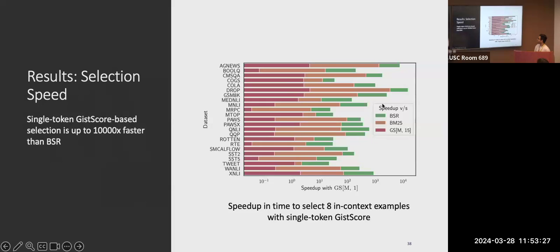BSR is tens of thousands of times slower in some cases. Surprisingly, we even found it to be faster than BM25, because for GIST score, we can do the entire scoring with respect to all the candidates in a single GPU call, because of matrix tensor algebra, while BM25 needs to do for loops and stuff like that.